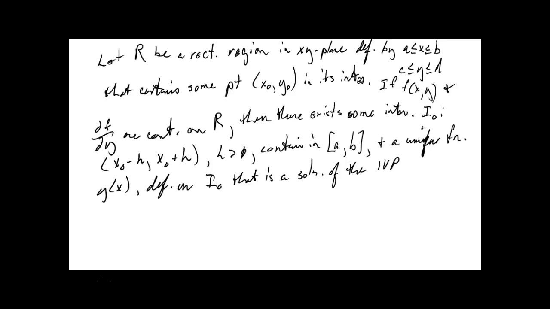It said it was unique earlier, of that initial value problem, and that initial value problem is the one listed as equation 2 way back at the beginning: dy/dx equals f(x, y), with initial condition y(x0) equal to y0.